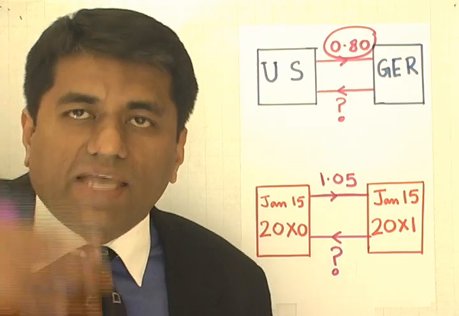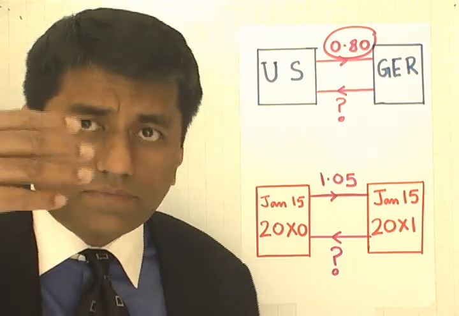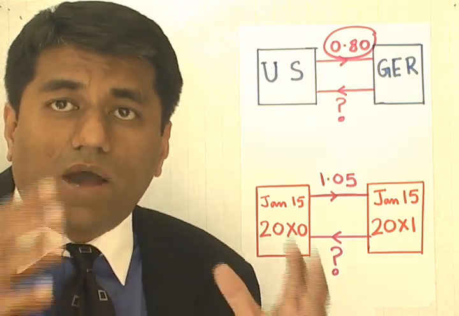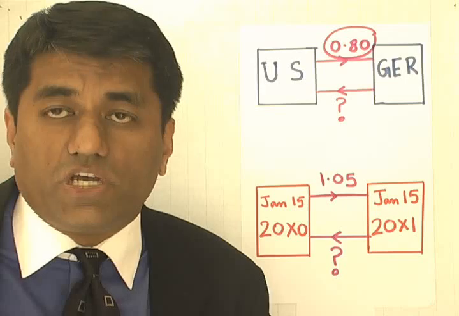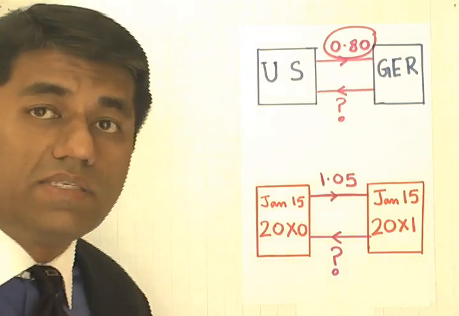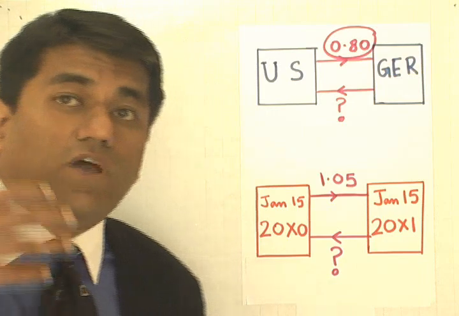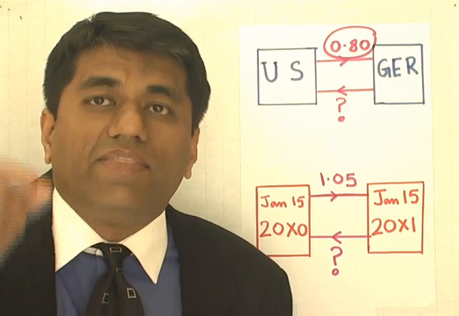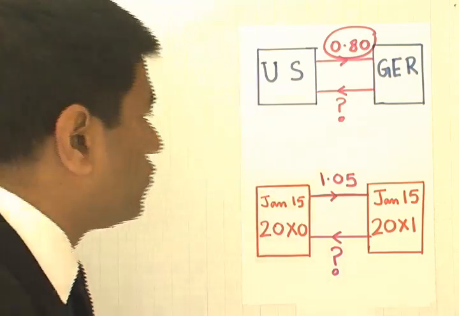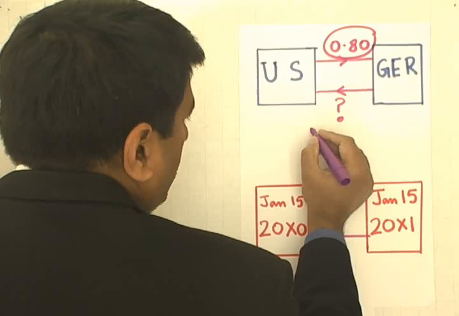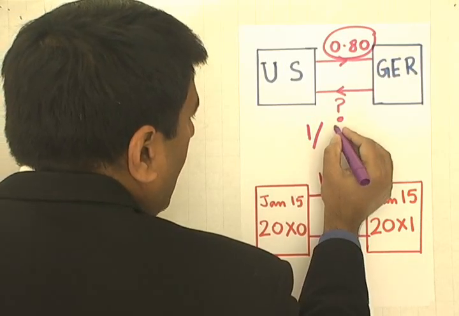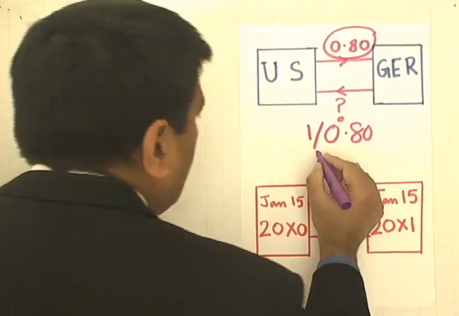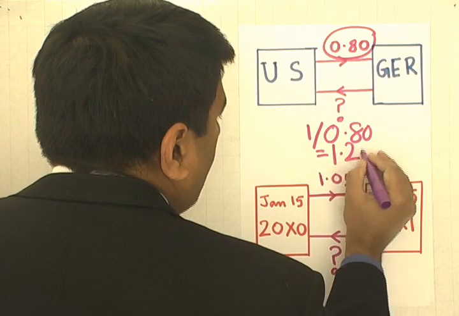So the exchange rate from US to Germany is 0.80, which is the number by which you multiply the amount of dollars to get the amount of euros in Germany. Now the question is, what is the exchange rate from Germany to US? And the point is that it must be equal to the reciprocal of this exchange rate. So it must be 1 divided by 0.80, or equal to 1.25.